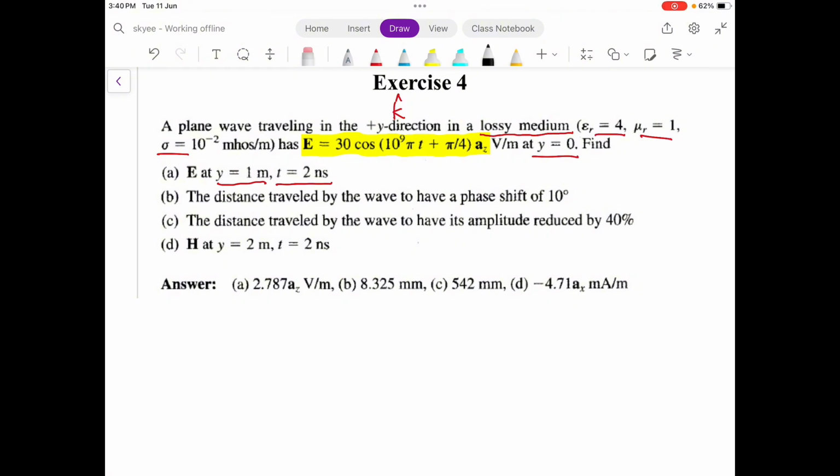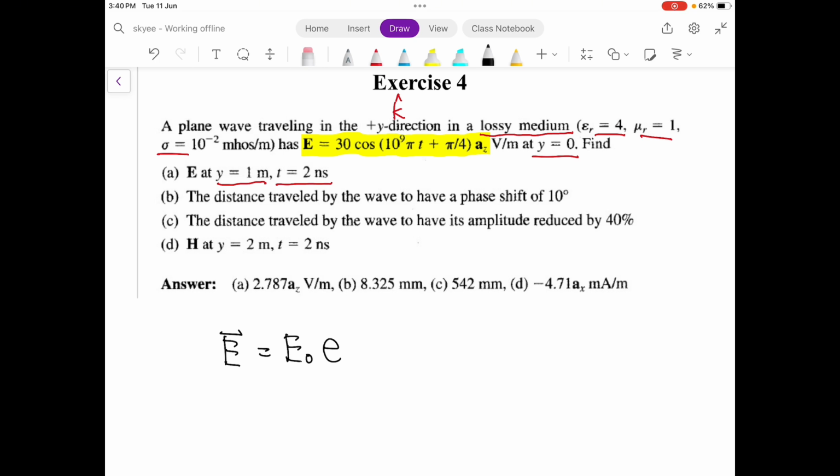Since this E equation is only valid when Y equals 0, let us write down the general equation for E. Usually E will have the amplitude, and in this case we will have the attenuation constant, because the question mentioned this is a lossy medium.